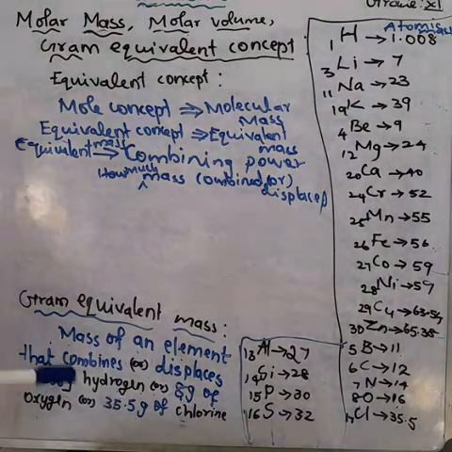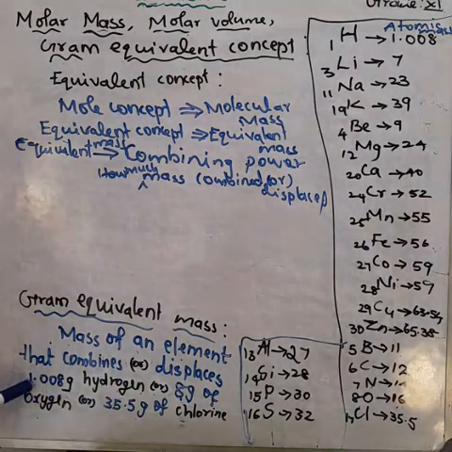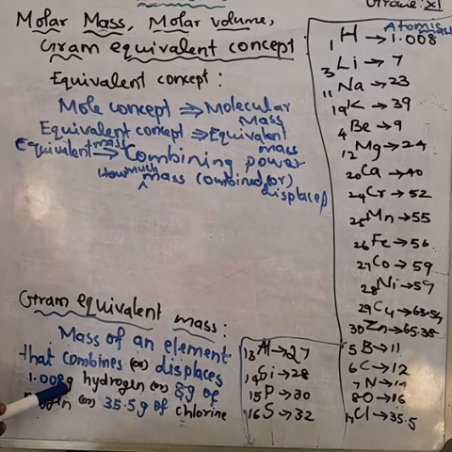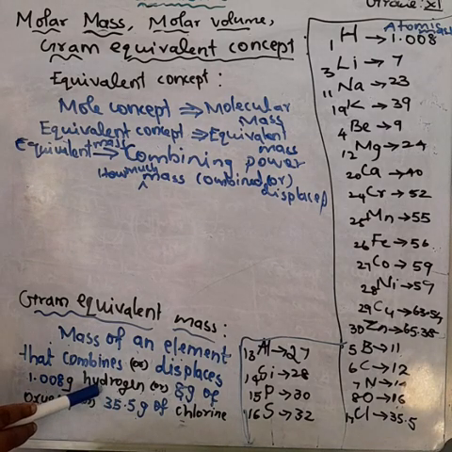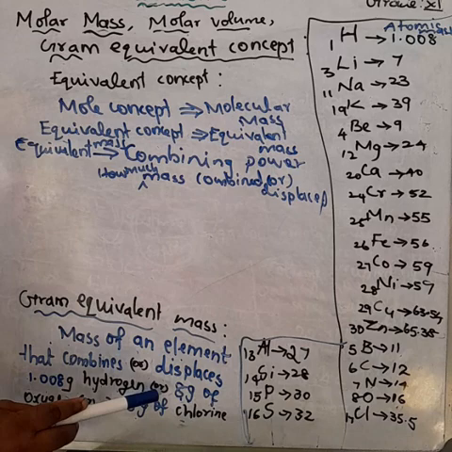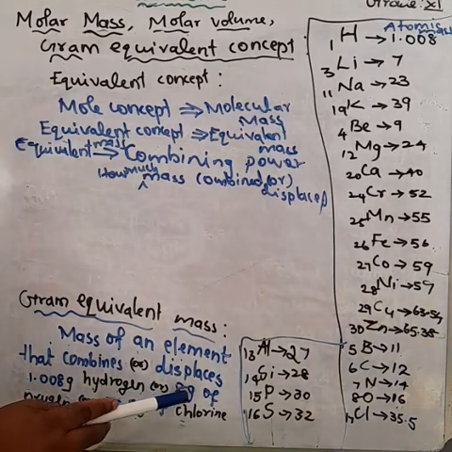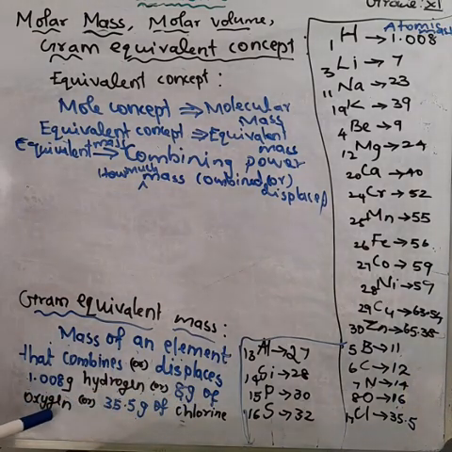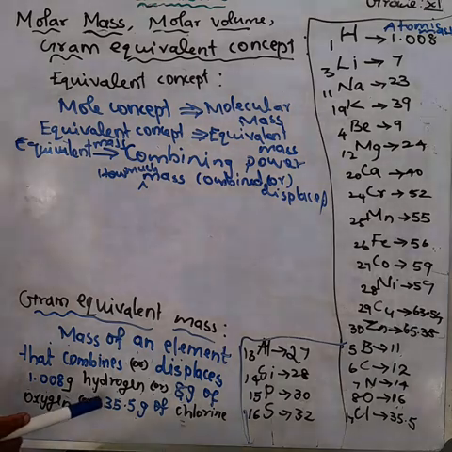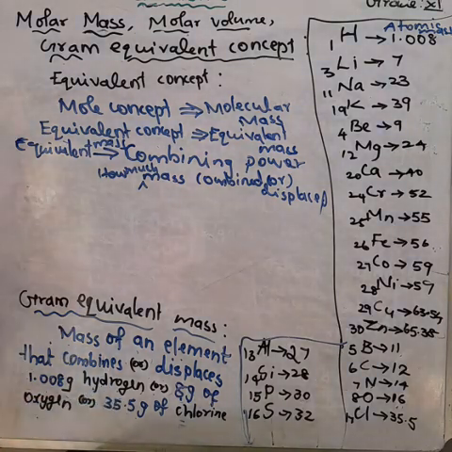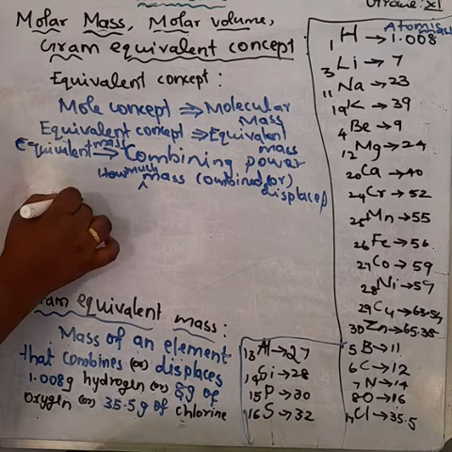What are the elements? 1.008 gram hydrogen, or 8 gram oxygen, or 35.5 gram chlorine. These are about the gram equivalent mass.